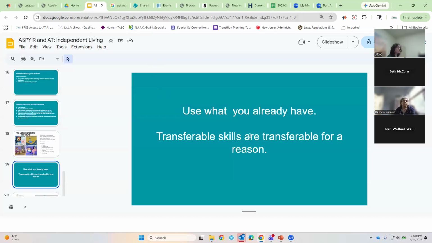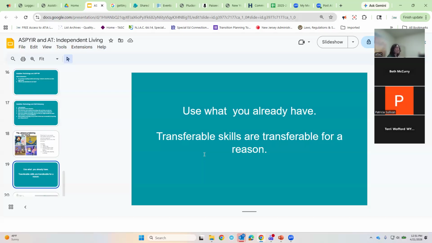However, transferable skills is not actually a disability only term, right? Transferable skills exist for everyone. So as you move throughout your independent living needs, you can figure out what skills are benefiting you in relation to independent living and how they can be used in other areas.